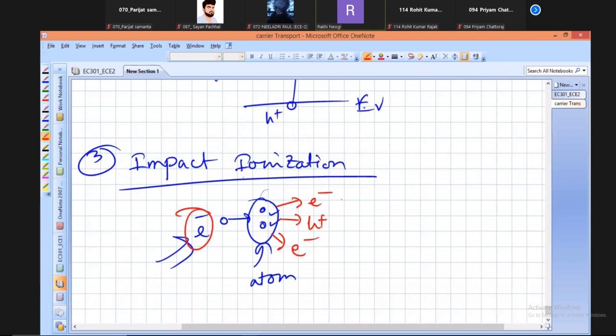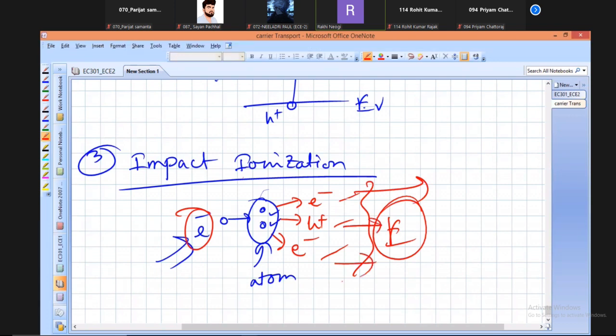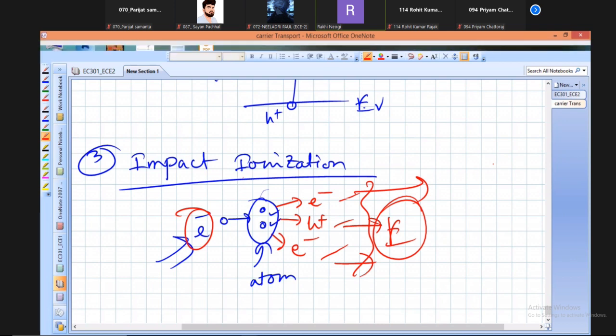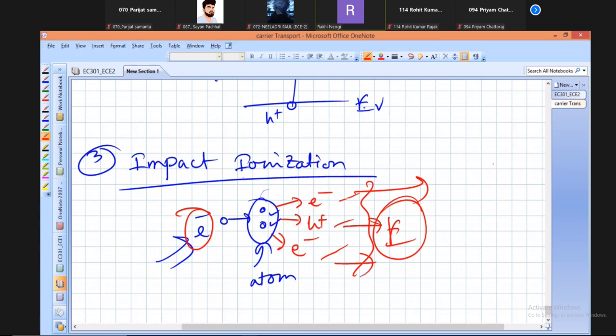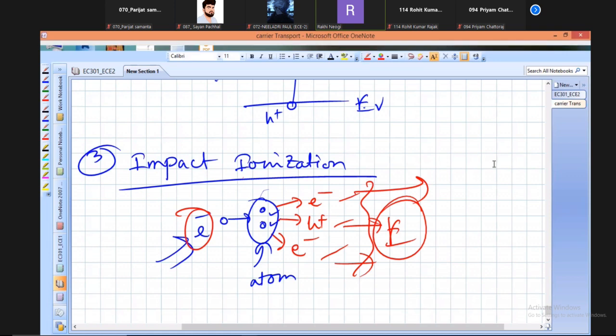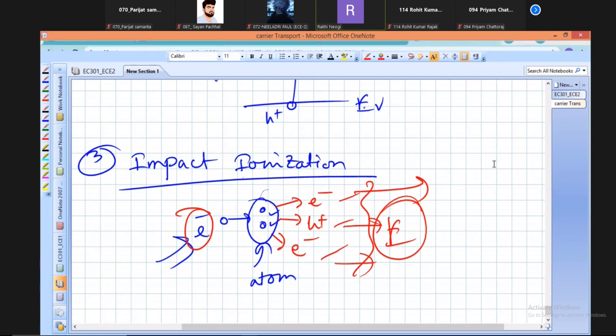These particles are electrons, so they will absorb some energy, gain some velocity, and move again.